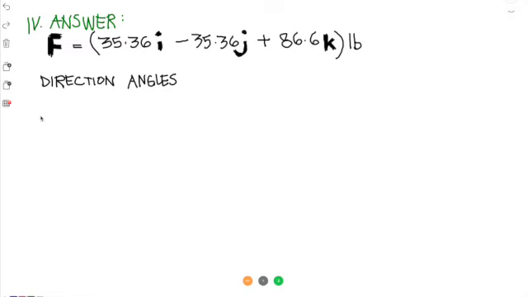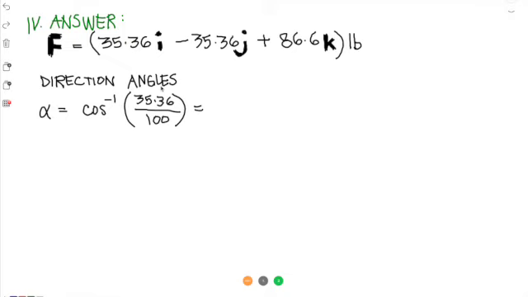So for our alpha angle, that would be the arc cosine of Fx over F, or 35.36 over 100 pounds, and that would give us, so in your calculators, what I want you to do is not to round off, okay, since you can store the values.